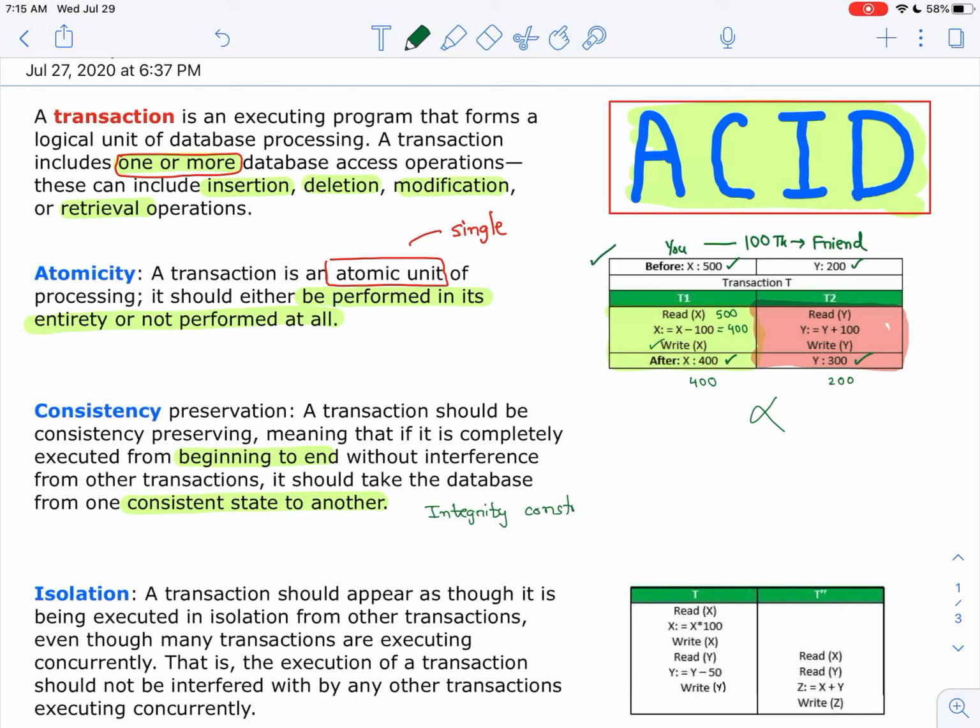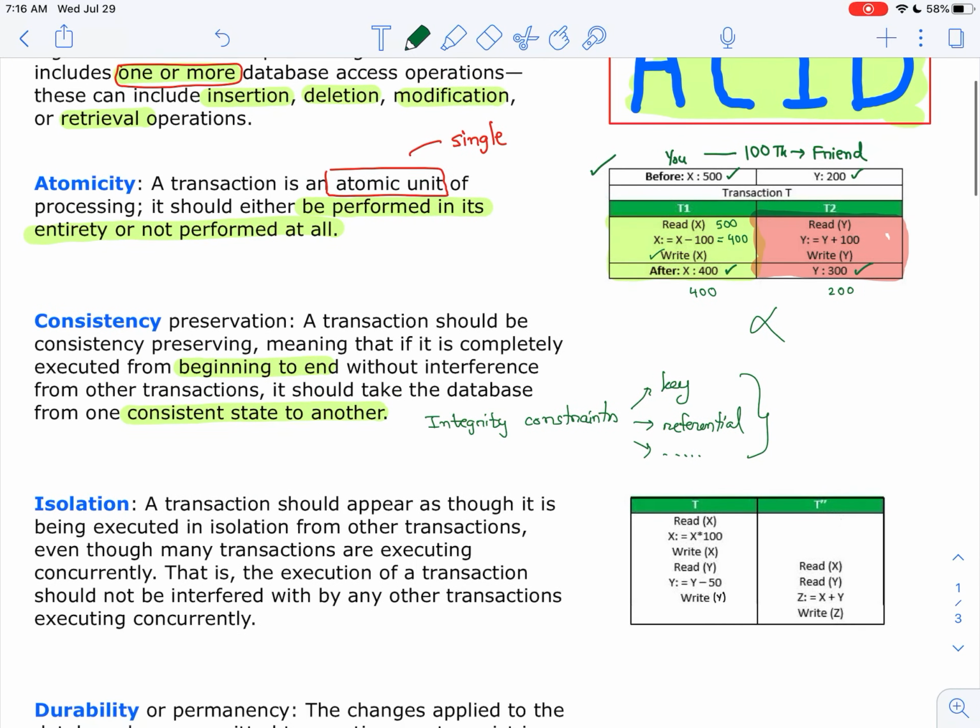Integrity constraints can be further broken down into key constraints, referential integrity constraints, etc. We'll learn about this in possibly slide 5. These constraints all have to be upheld when a transaction takes place. You cannot have any of these constraints violated when a transaction is completed. When these constraints are not violated, your database is in a valid state.